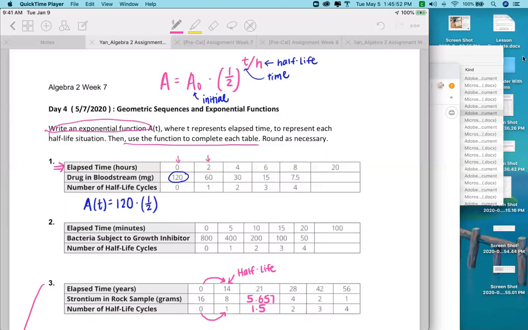It became half of it. And then after another 2 hours, it did half of 60. So yes, it would be 2. So half-life would be 2 up here, and then I'll just put T. So please write this down. This is the formula.